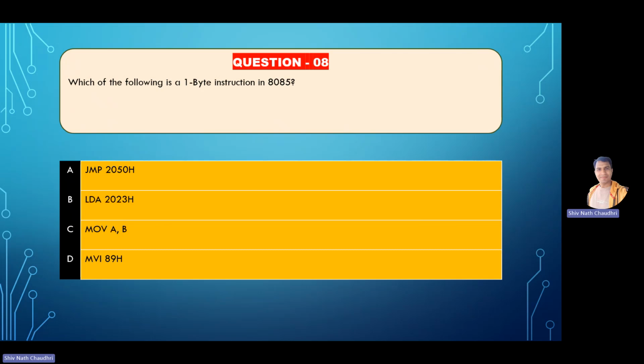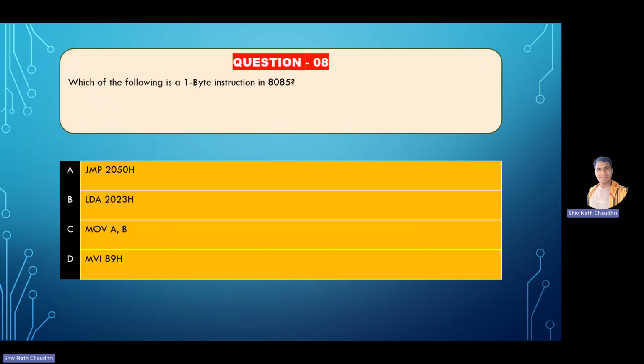Let's see D. D is a 2-byte instruction because one byte is for the opcode MVI and 8-bit data is given, so 2 bytes. The question is about a 1 byte instruction. So C should be the right answer because in C no data is directly available, only the opcode is there: MOV A,B. So this is a 1 byte instruction in 8085.